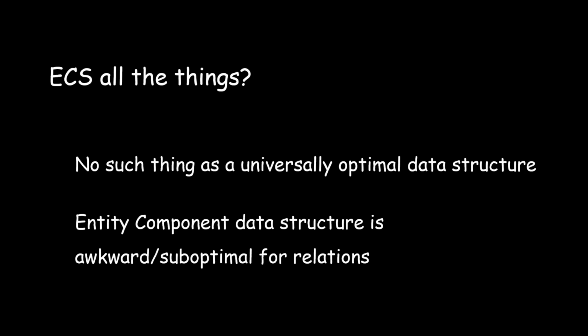So the point here simply is that obviously there's no such thing as a universally optimal data structure. There's nothing that is ideal for all possible cases. The bet with ECS is that we have this entity component structure that is optimal for most cases, and that seems valid to me. It's just there are clearly exceptions is the problem.